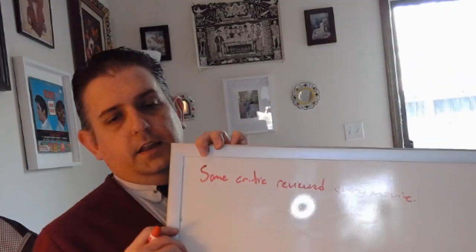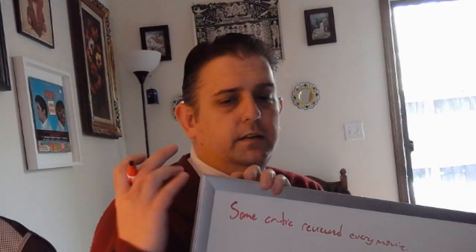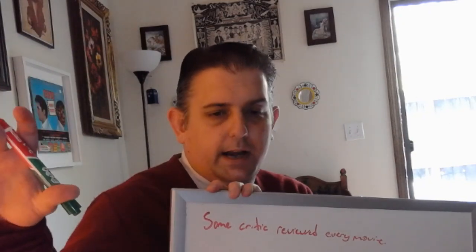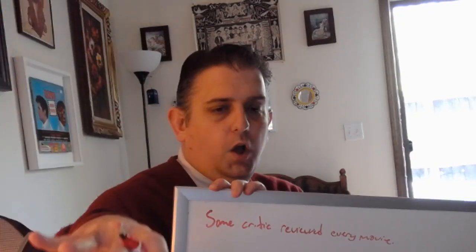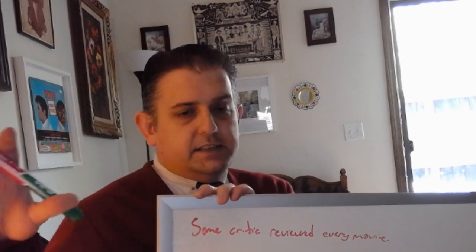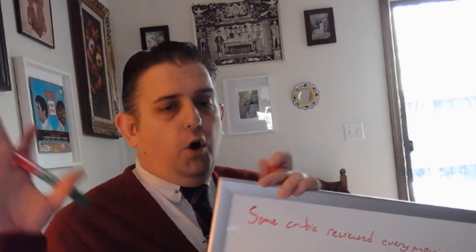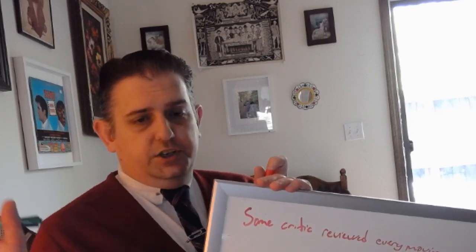And we saw that this sentence is ambiguous, in a way where you can get a reading where there's one individual critic who has reviewed every movie, or you can get a reading where it doesn't matter that there's one critic. What matters is that all movies have been reviewed by each critic.